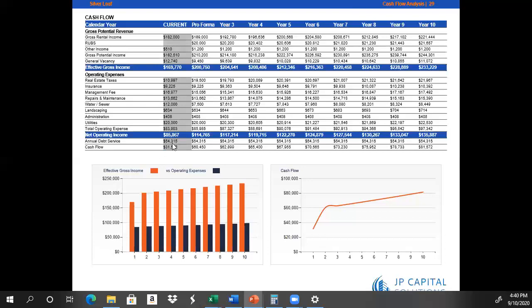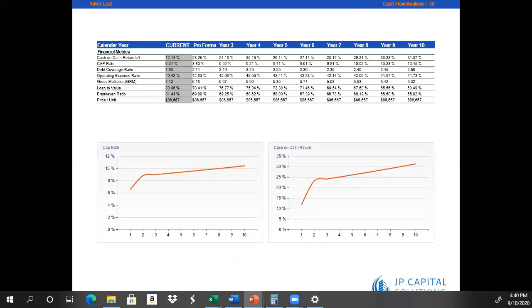If you remember, we said it's a 20% down payment, 80% leverage on the 1.3 million. That's going to be $50K a year. So your net cash flow is $31,000 on this. And again, this is all after your net operating income, which gives you your cash on cash.